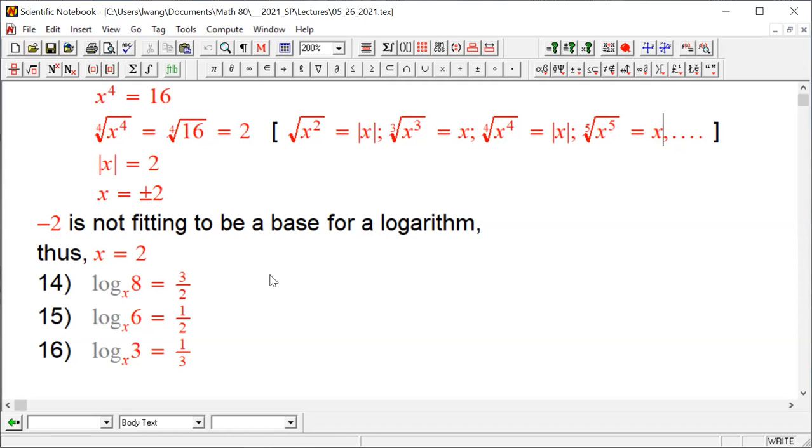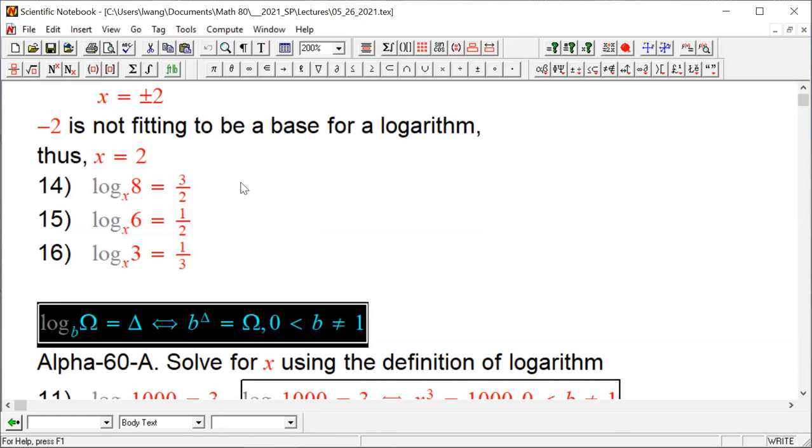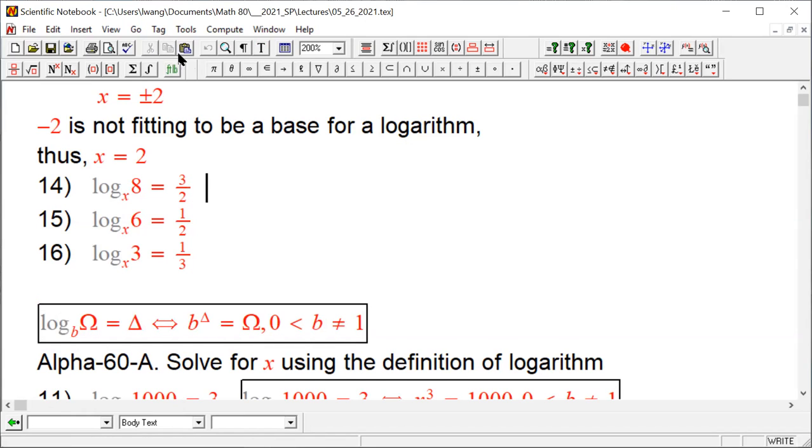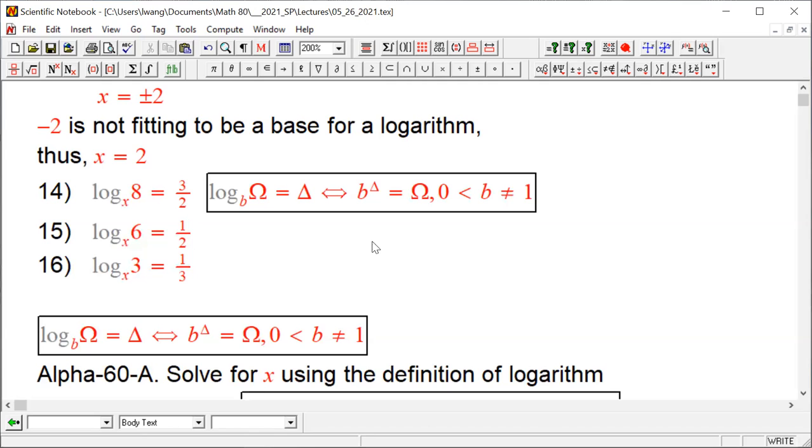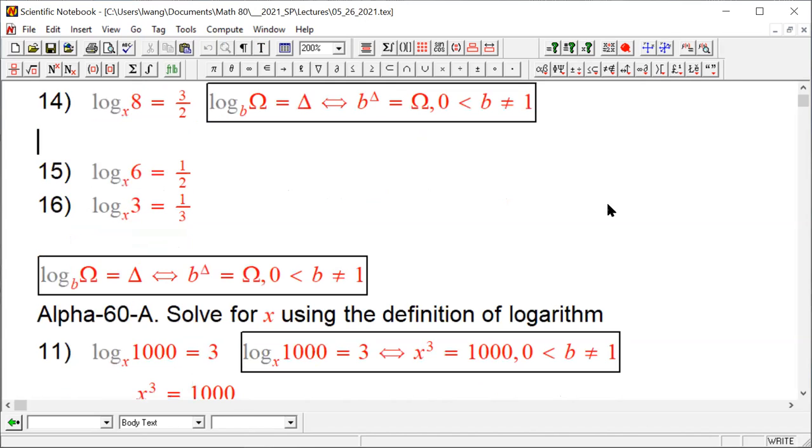Use definition step by step. Use the definition step by step. You can do it. Okay, come on, let's do it. Keep going.